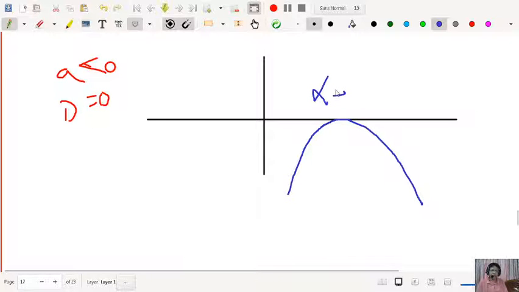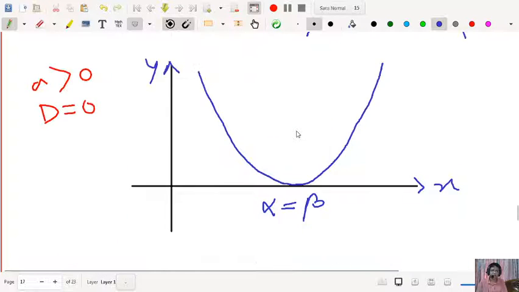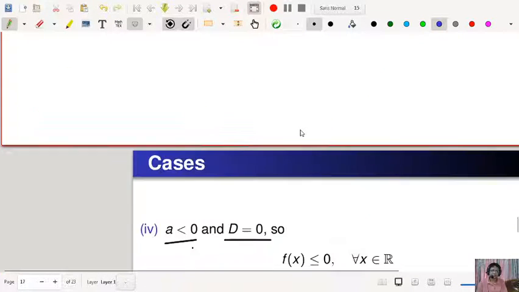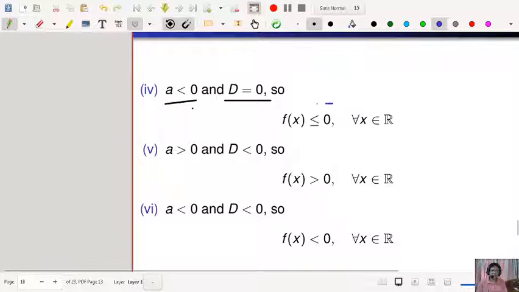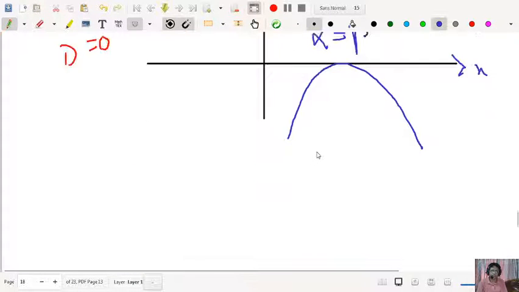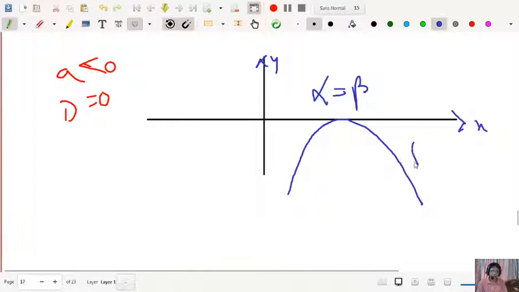Alpha equal to beta. This is the x-axis. This is the y-axis. And look at that, the function is less than or equal to 0. The whole curve is less than or equal to 0. This is your f(x) curve. What is f(x)? f(x) is the quadratic polynomial.